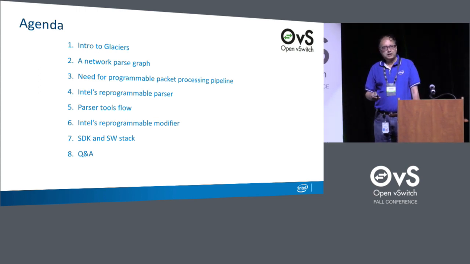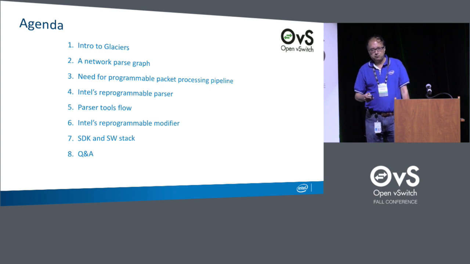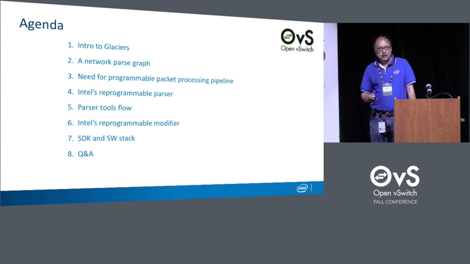I'll talk a little bit about parsing of network packets, what it involves, what it entails, and why we need that function to be reprogrammable. I'll talk a little bit about what Intel's reprogrammable parser looks like and the tools flow associated with it.